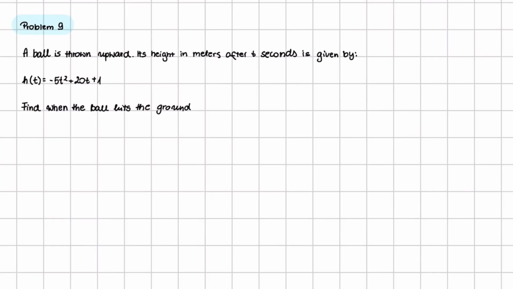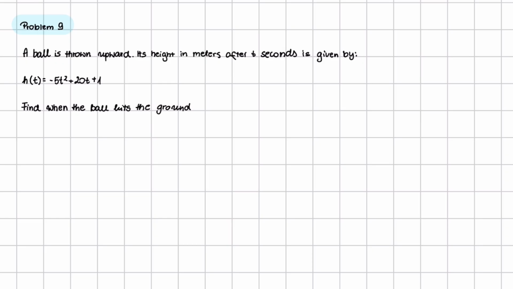Problem number 9, a real-world example. A ball is thrown upward, its height in meters after t seconds is given by a formula, and we have to find when the ball hits the ground.